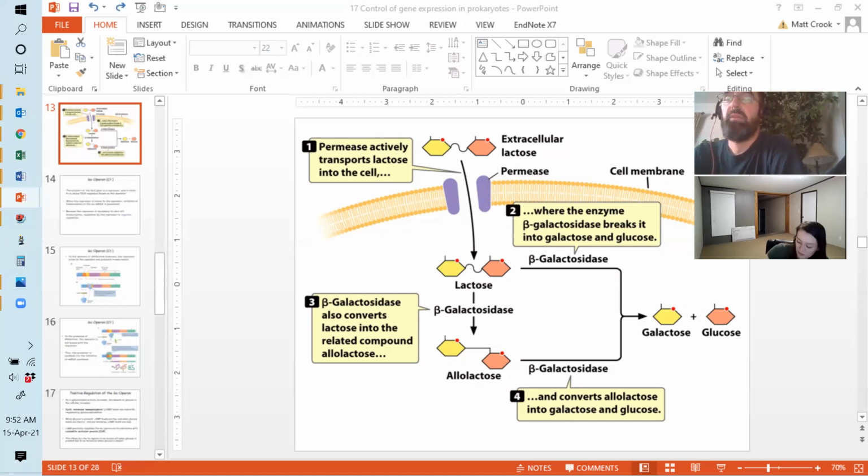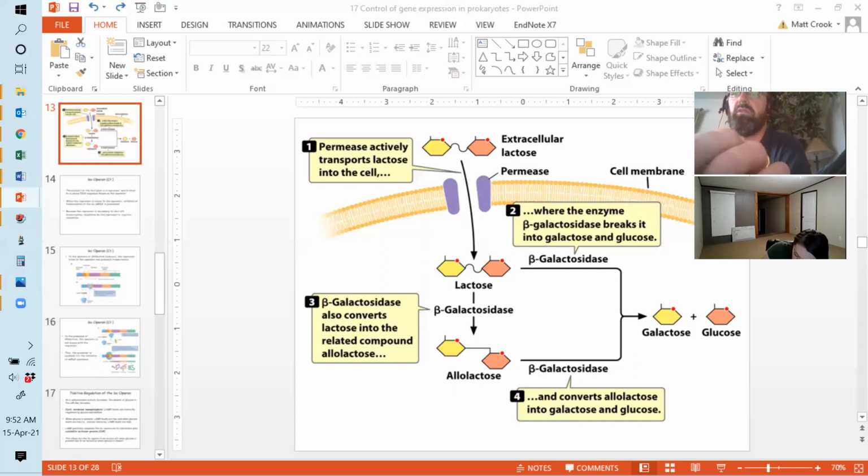Right, and this is the same for humans too. When your glucose levels drop, cyclic AMP goes up. And it's an inversely proportional sensor. So low glucose equals high cAMP, cyclic AMP.